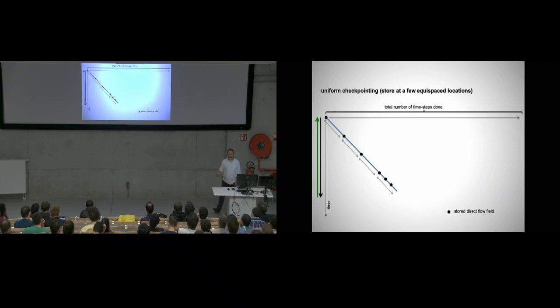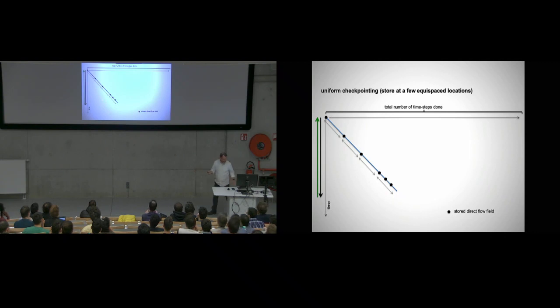Just 6, but we're integrating much longer than 6 flow fields. So here is what we do. We store the initial condition, then we integrate away without storing, and the next time we store is already here. Then the next one is here, and then when we see, oops, we're coming to the end of it, we store everything on that last little piece.